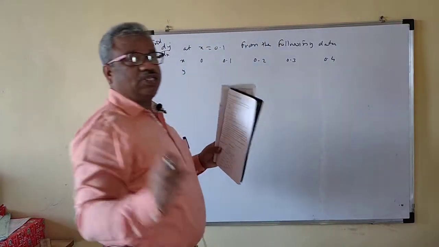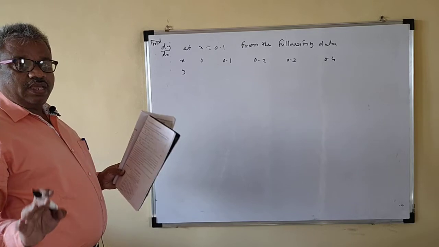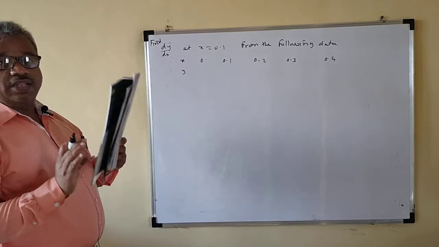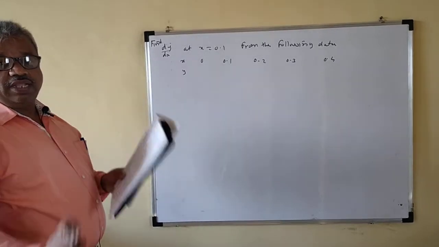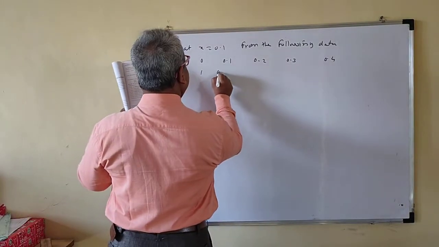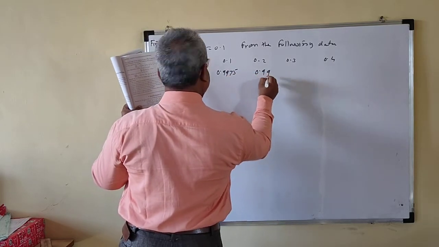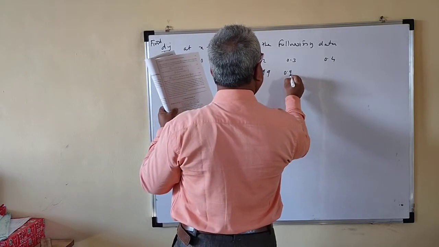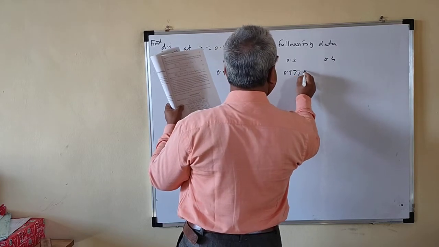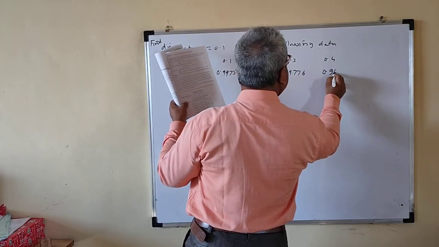The values of x should be equally spaced in numerical differentiation as well as numerical integration. And y is 1, 0.9975, 0.99, 0.9776 and 0.9604.